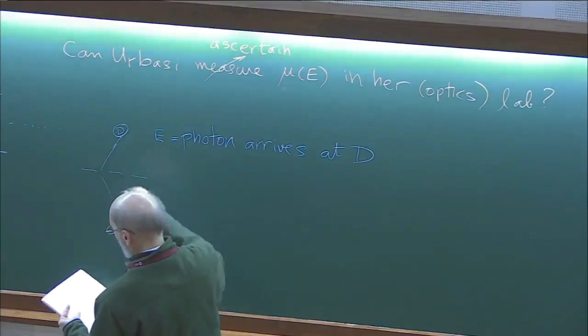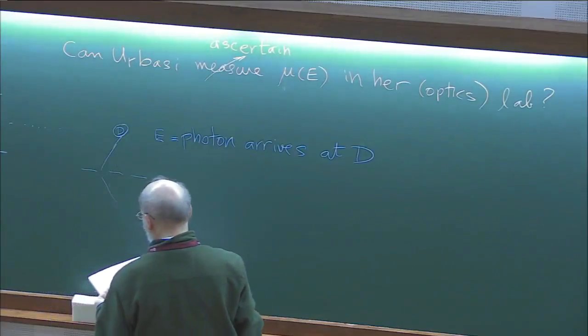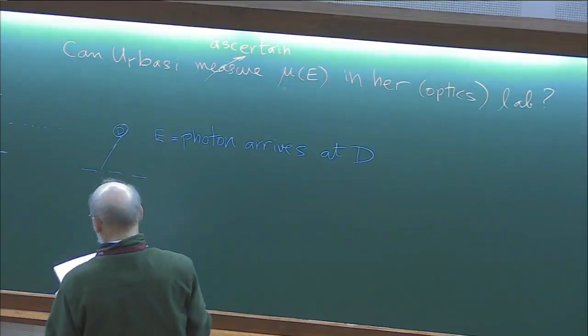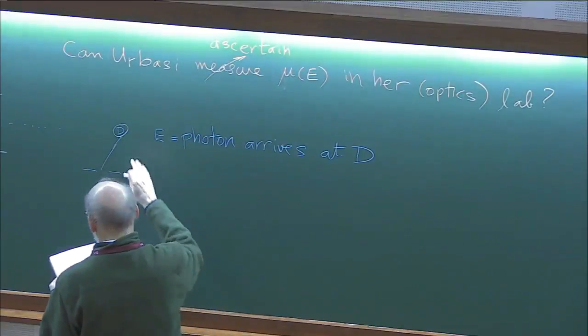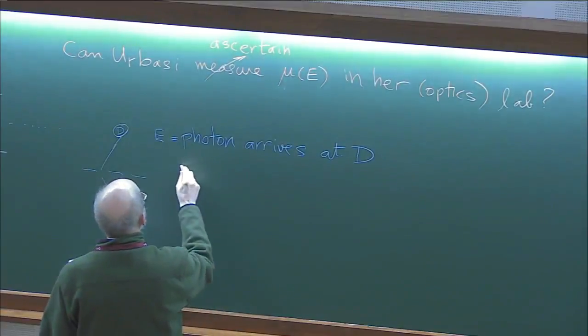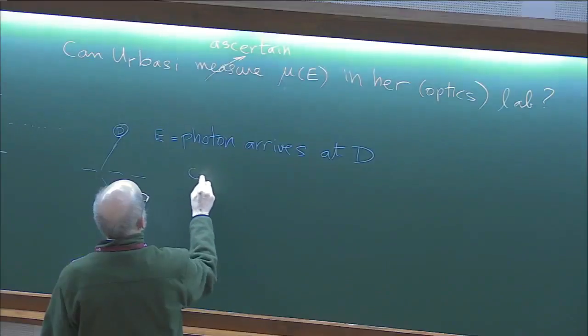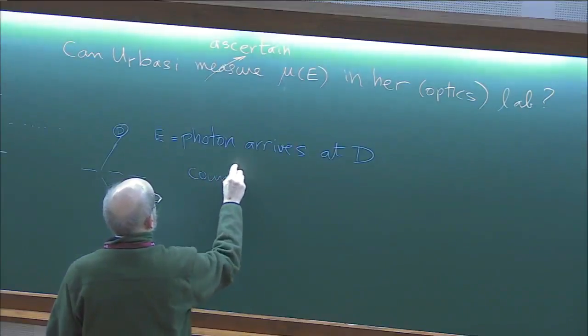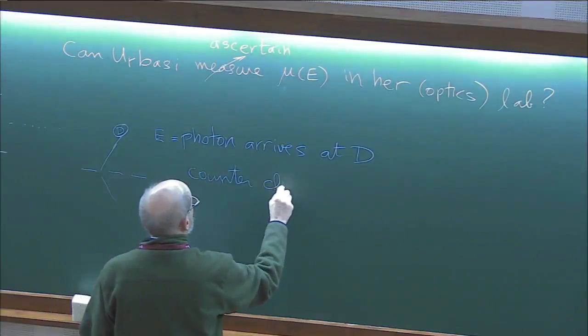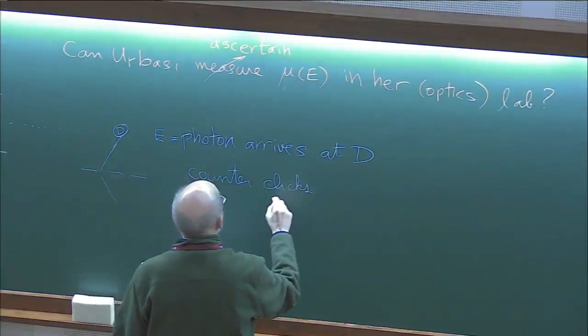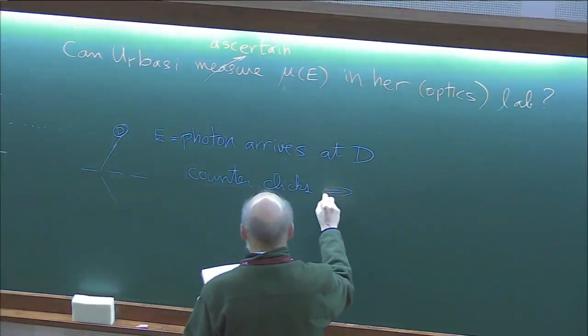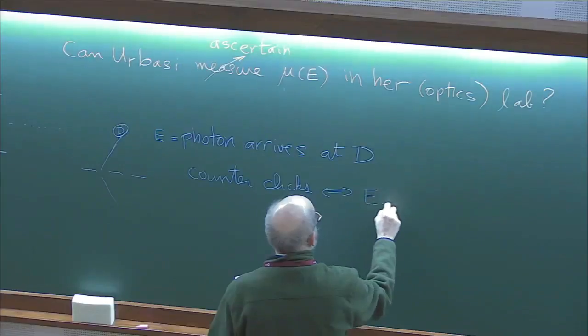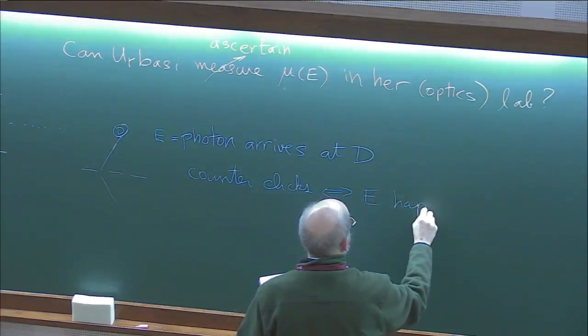We put a detector here, and we have a sort of counter, let's call it, which clicks when the detector goes off, and so we have arranged it so that the counter clicks if and only if E happens. Now, when I say it happens, I'm already getting into hot water.